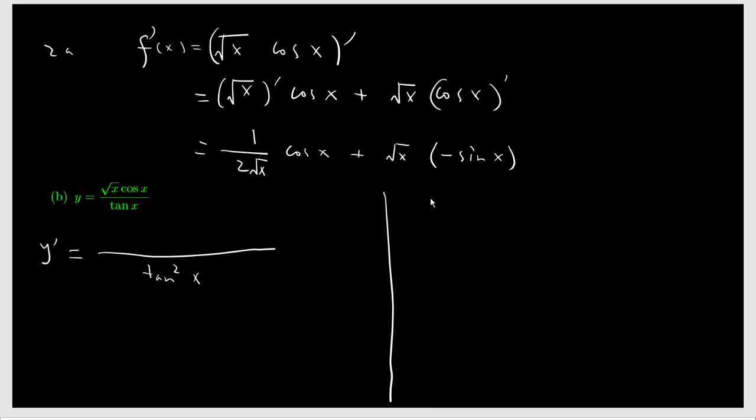And then on the numerator, we just copy the formula first. The derivative of the numerator times the denominator minus the numerator times the derivative of the denominator.